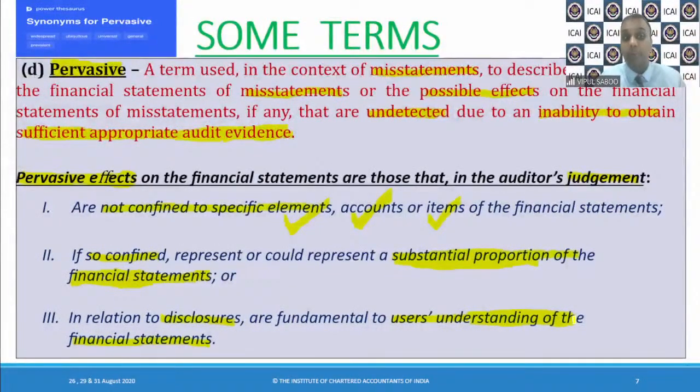They should not mislead the users of the financial statements. If it happens, they will have pervasive effects. Pervasive means found everywhere. They'll set up a chain in the whole system of financial statements, and almost the whole set of financial statements would be affected. And again, if they are affected, that means there is no true and fair view. So that is what the term pervasive is.